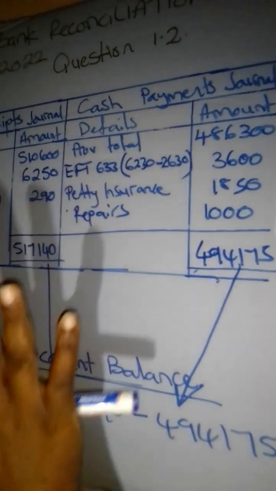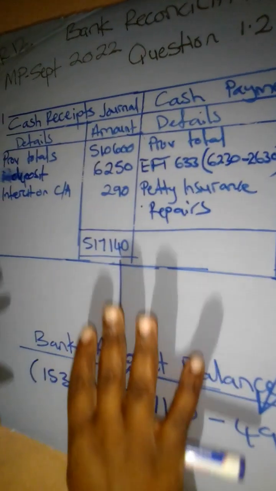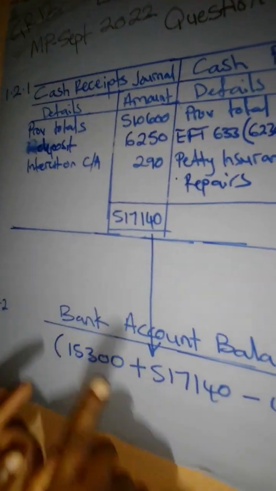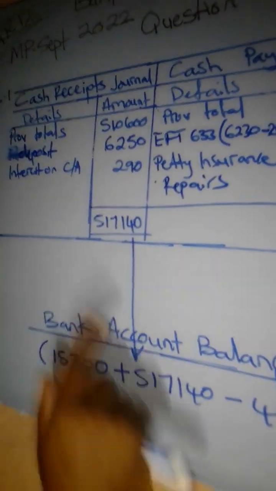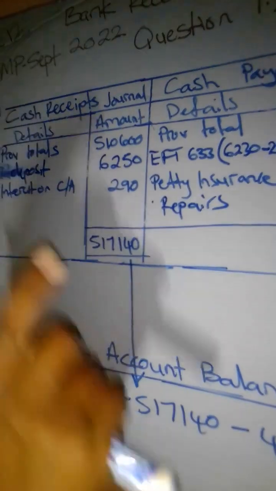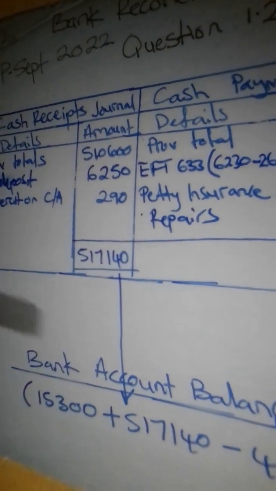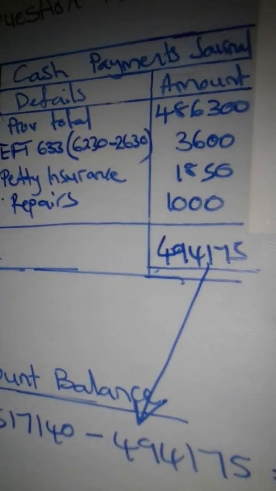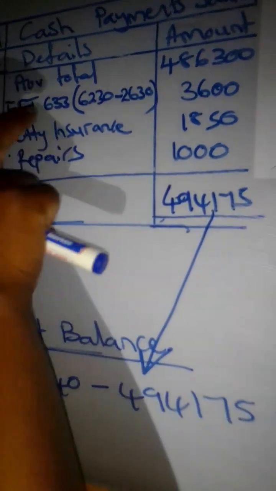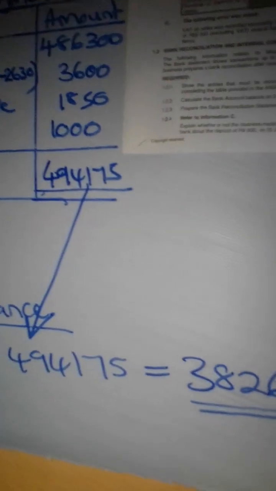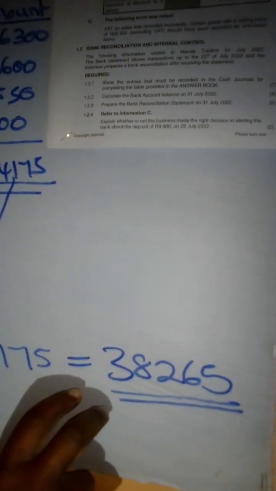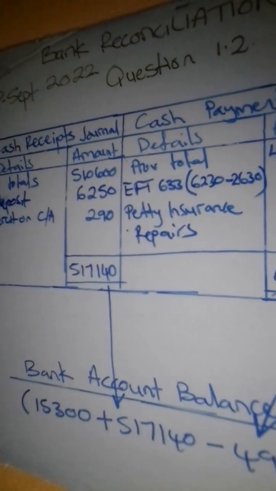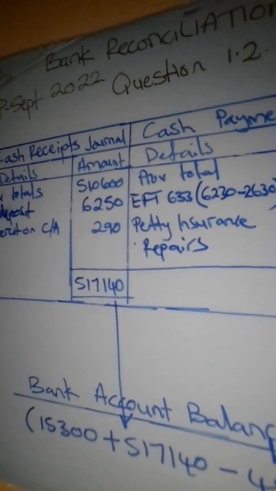Okay, so far this is all for the bank reconciliation statement. We are going to continue. In the next video, I'm going to show you the bank reconciliation statement. But as far as the updating of the cash book is concerned, we have updated the cash journals. We have calculated the balance as per bank account. What is only left is for us to look at the bank reconciliation statement for the month of July.